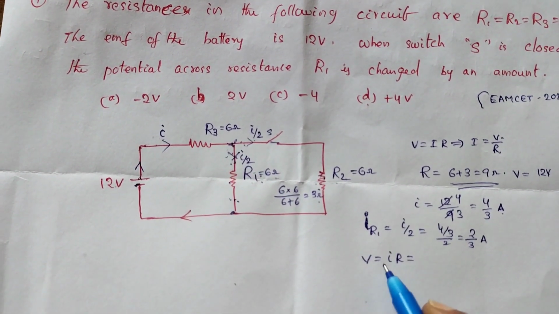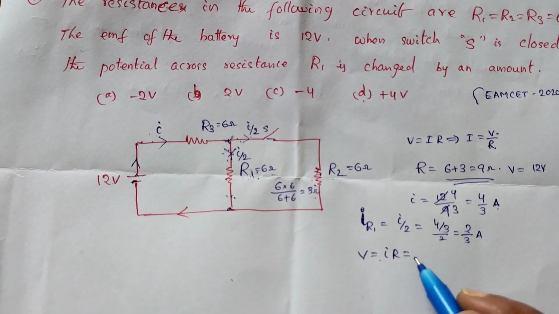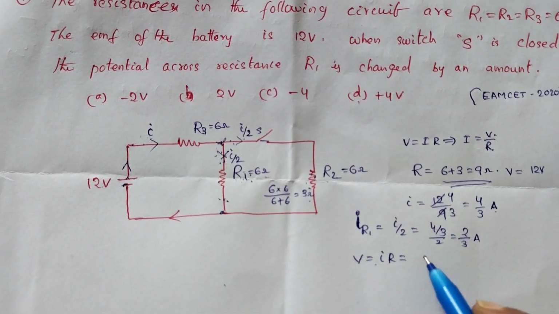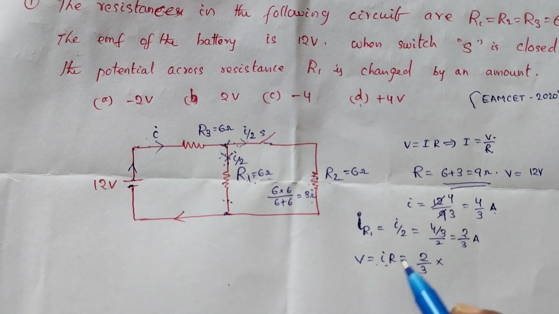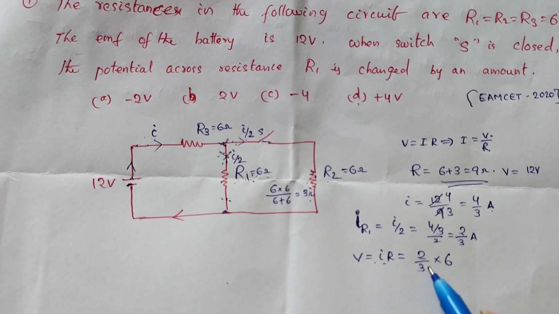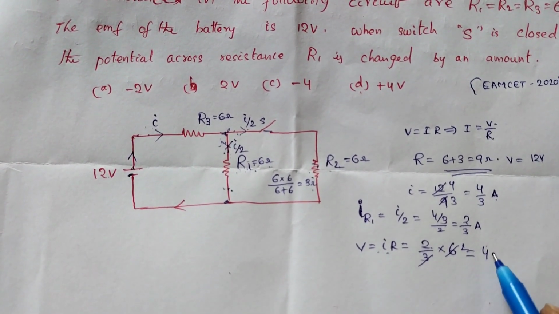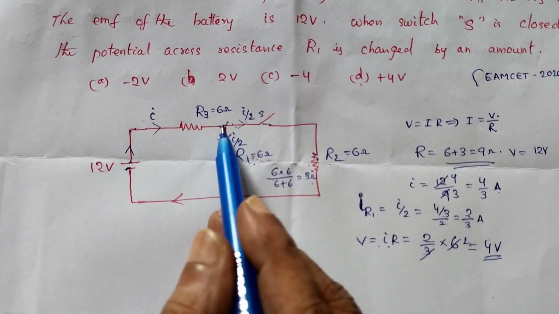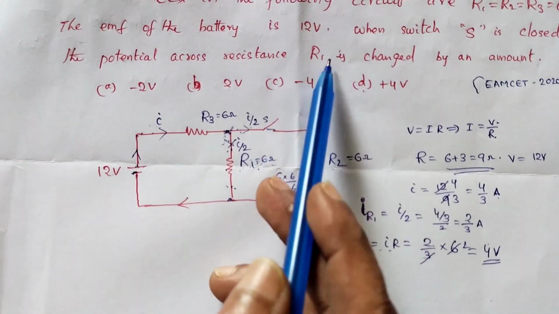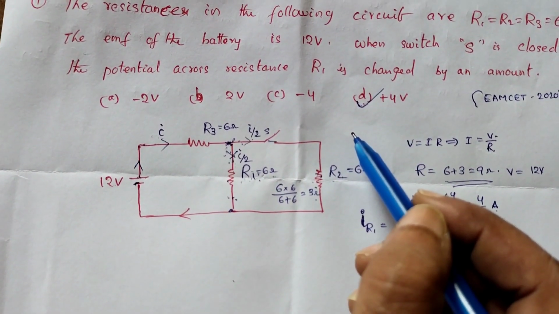I means the current through R1, that is I by 2, which is 2 by 3, into R1, which is 6. So 2 into 2 is 4 volts of potential difference across R1. So the option D is correct.